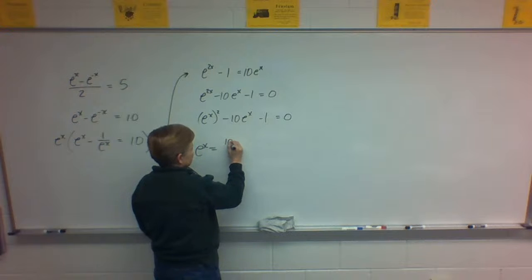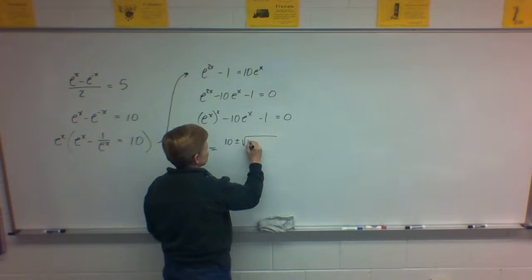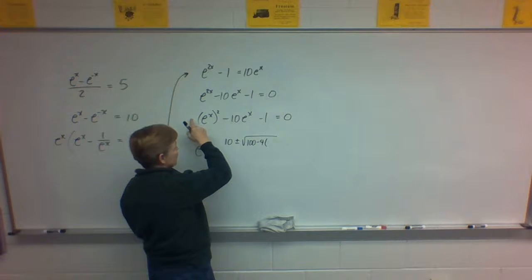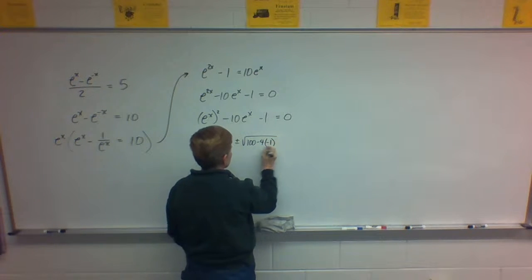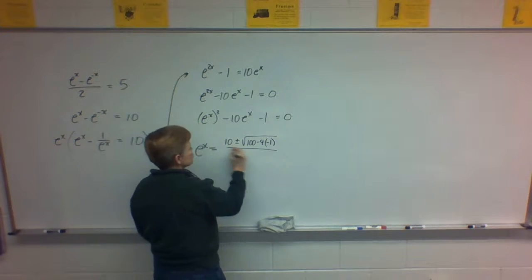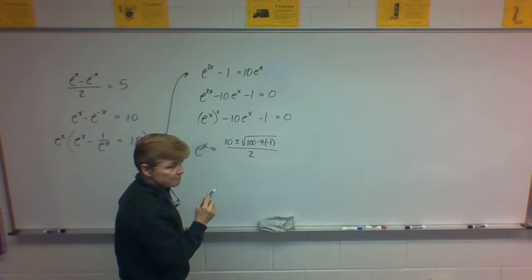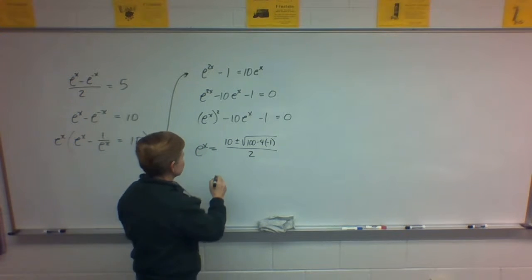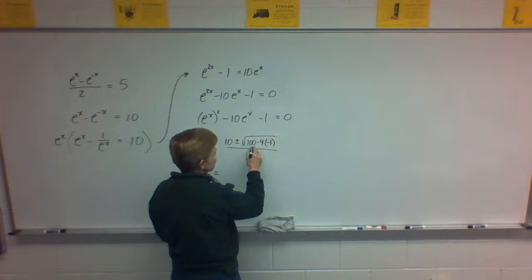10 plus or minus the square root of 100 minus 4 times. Remember, this is where the a comes in. It's important. ac is going to be negative 1, over twice a, which is 2. We clear? Now we clean it up, and we have 100 plus 4.